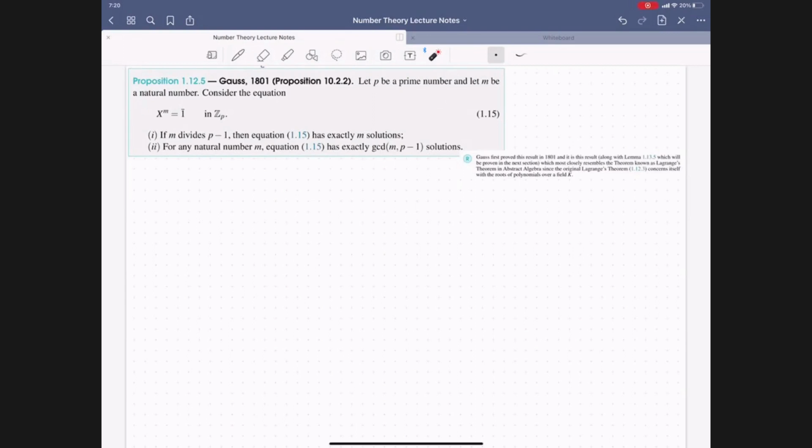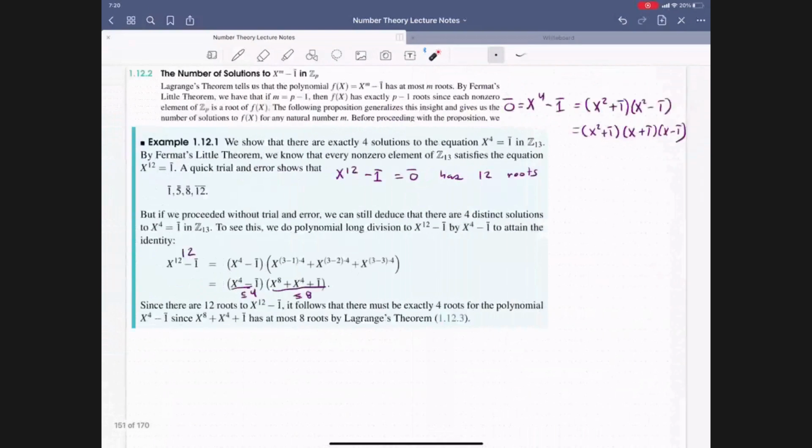The proof is going to follow a very similar trend to what we saw in the last example. In the last example, we had this here, and what we did was look at x to the 4 minus 1. The way we went about this was by looking at this very nice factorization of x to the 12 minus 1. We used x to the 12 minus 1 because we know from Fermat's little theorem that there are exactly 12 roots there.